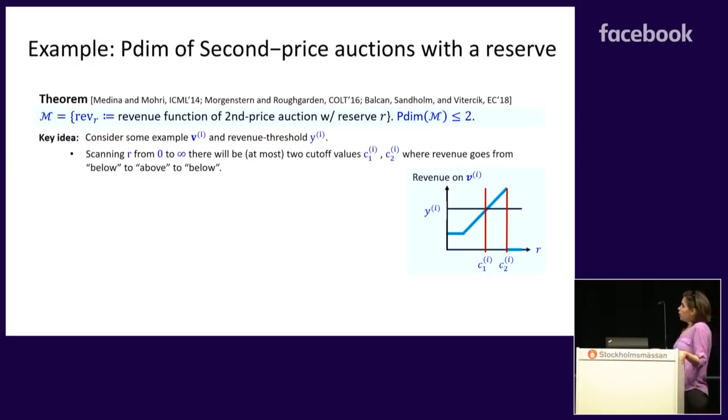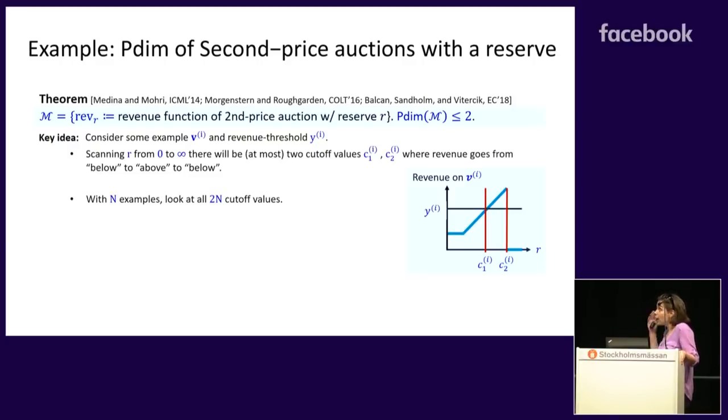Now, let's imagine scanning the reserve price from 0 to infinity. We notice that there are at most 2 critical points, 2 cutoff values, C1i and C2i, where the revenue goes from below yi to above yi, and then again back to below yi. This is for one valuation vector.